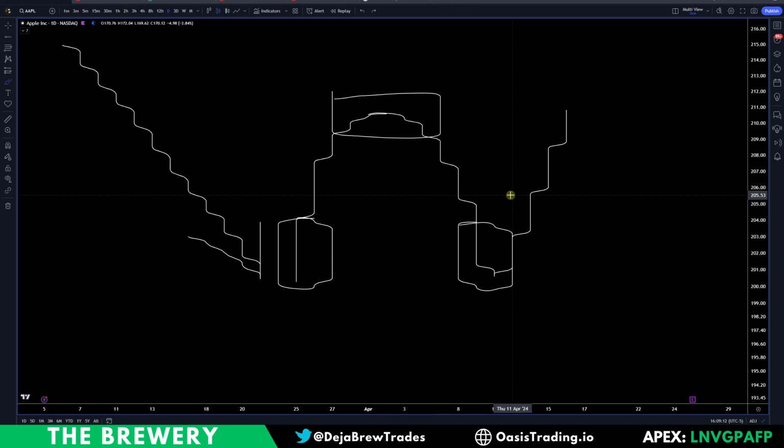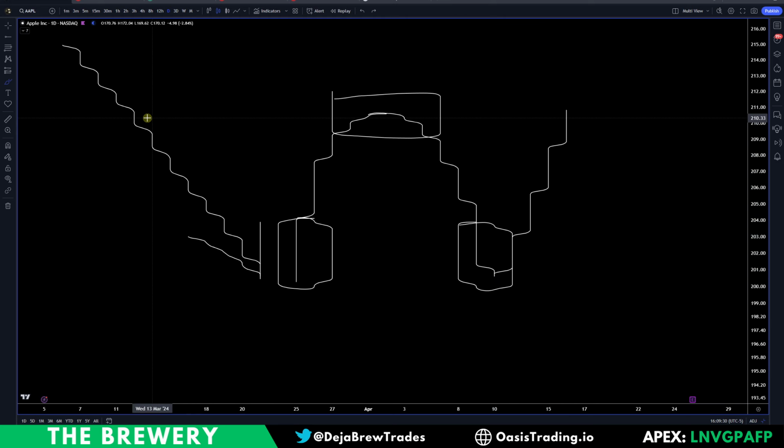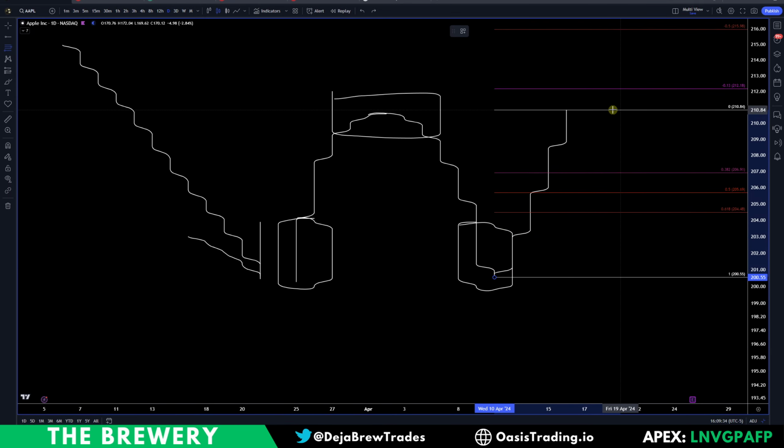What you want to look for here is a shallow pullback. You don't want that pullback to be very deep. Typically we say about 25 to 30% of this move. If you're using a Fibonacci level, if we were to grab a Fibonacci from the low to the high, you really don't want to see it pull back much deeper than that 25% to around the 382 fib level.